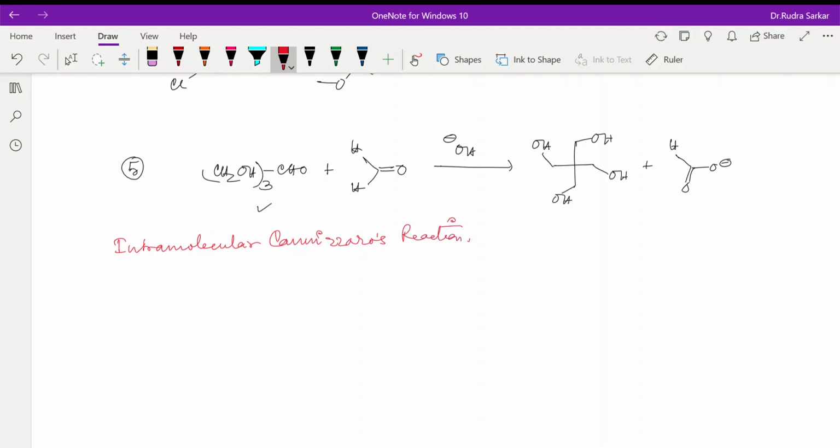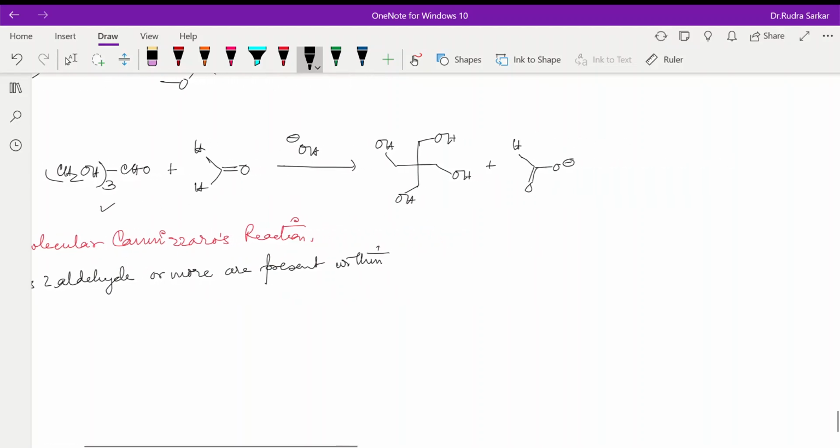Now this will happen when two aldehydes or more are present within the same molecule.